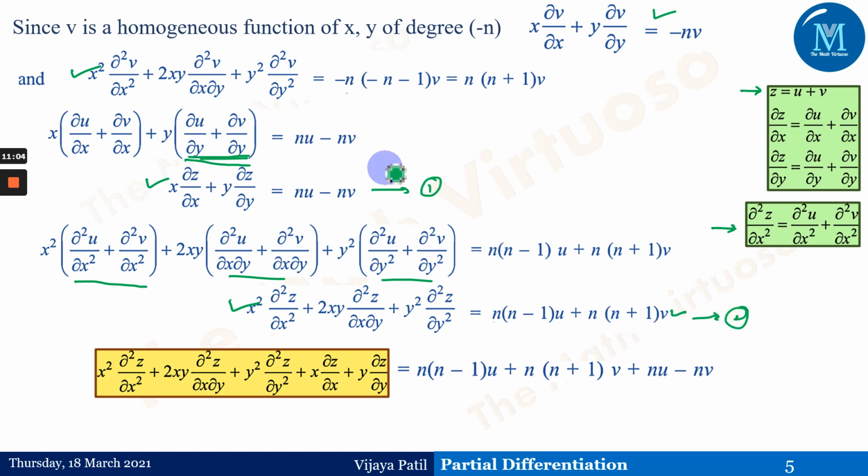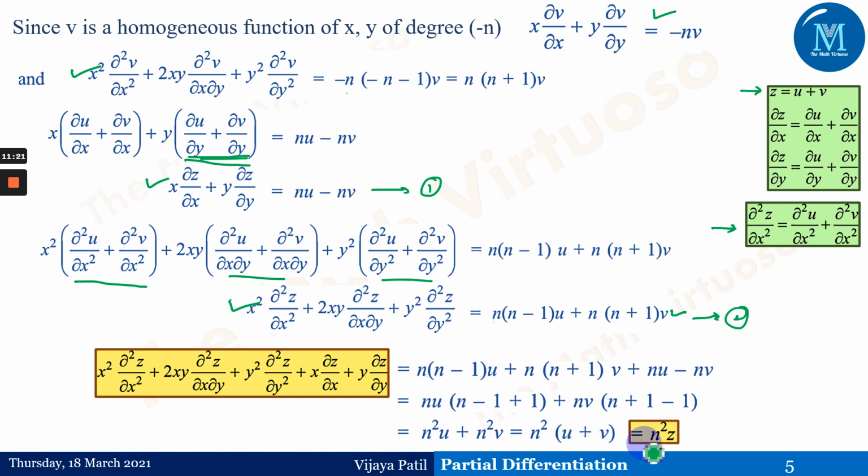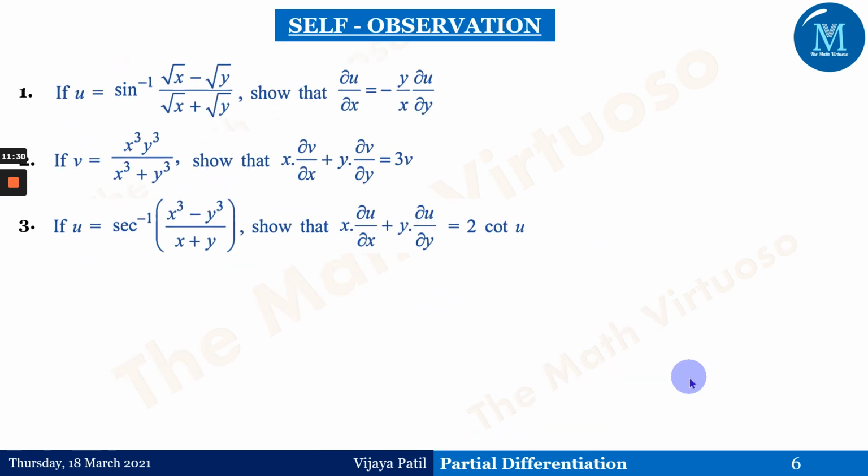Just by adding them up, LHS and RHS together, we'll be getting this, and that's all. Just by adjusting the terms, adding them up and combining them, we'll be getting it as equal to n squared z. Just pause for a while and try to get these 3 steps properly.